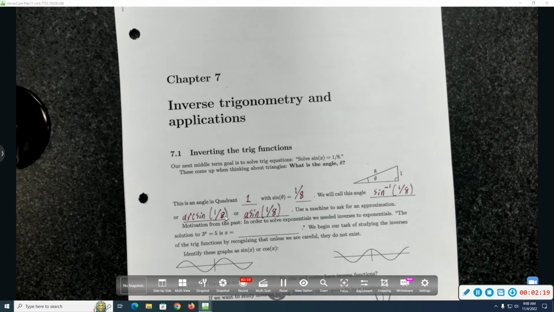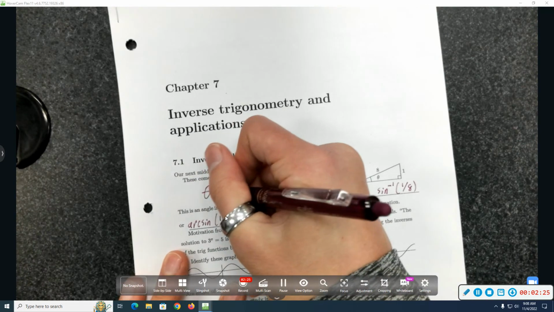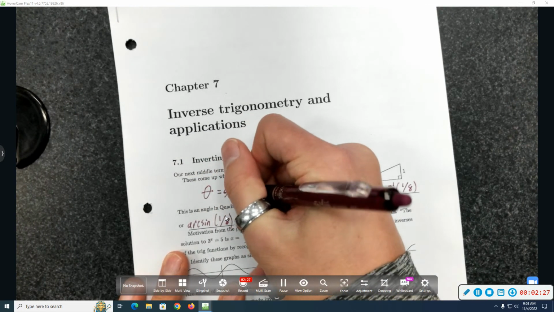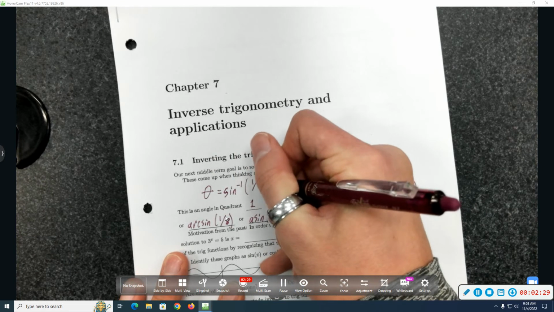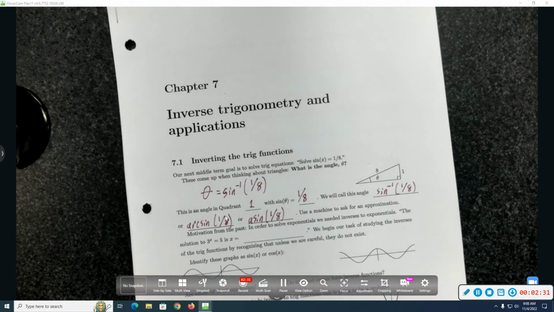And now that we have a name for it, we can ask a computer for an approximation. So this angle is sine inverse of 1 over 8. I'll invite you, if you have one and you want to, to pull out a little handheld calculator. See if you see something that looks like an arc sine or a sine inverse button, and get an approximation.